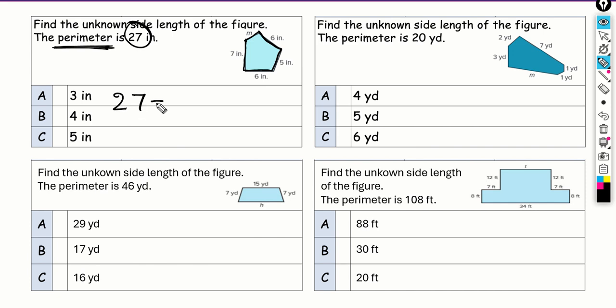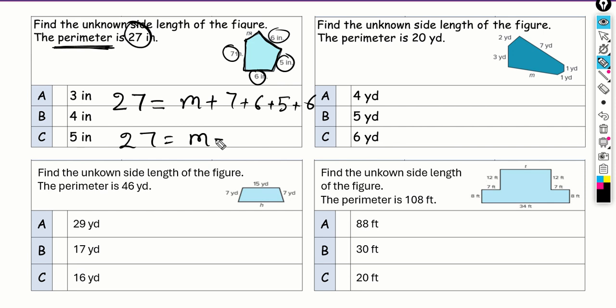So 27 equals m plus 7 plus 6 plus 5 plus 6, and that's it. 27 equals m plus all this. How much? Add them together. So 6 plus 6 is 12, plus 5 is 17, plus 7 will give you 24.